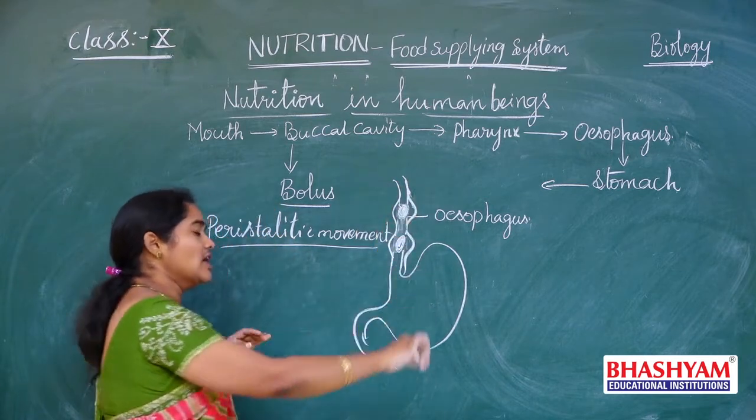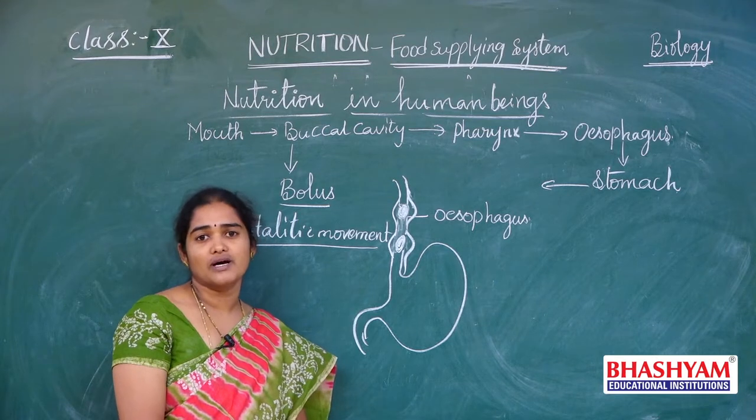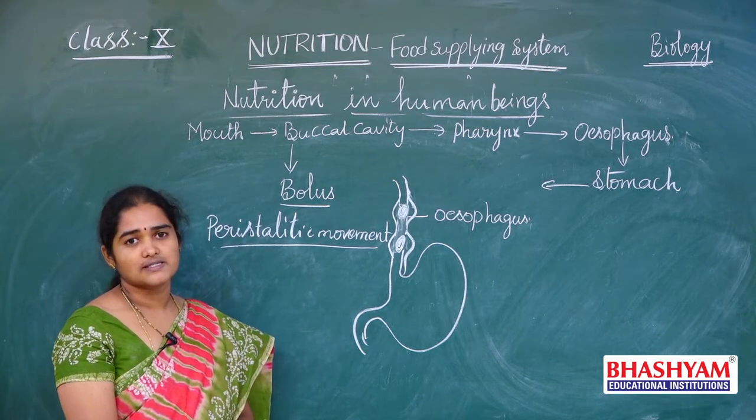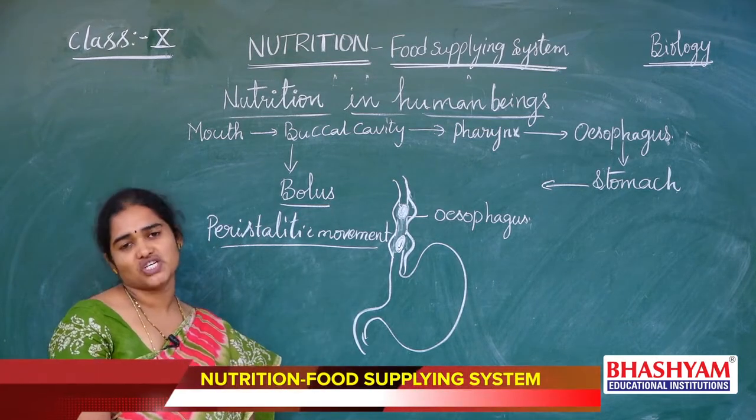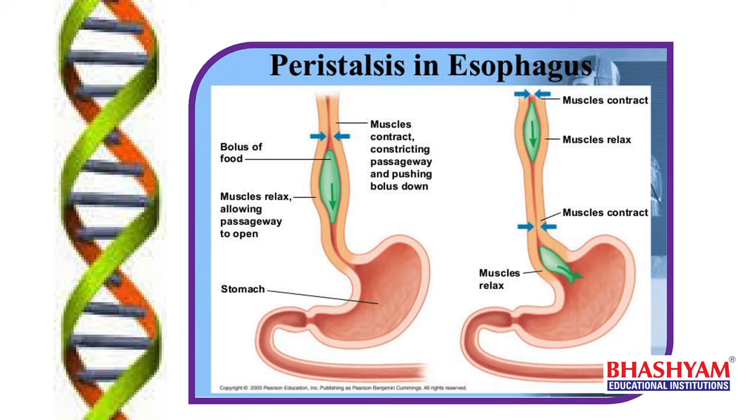Now let us see how this wave-like movement pushes the food into the stomach through the esophagus. If you observe the picture, we can see the muscles above the food materials get contracted and around the food the muscles are relaxed, and like that, contraction and relaxation of the muscles of the esophagus moves the food into the next part in the form of a wave-like movement.